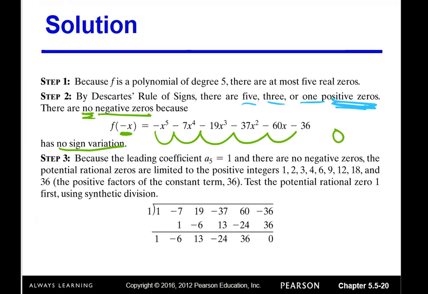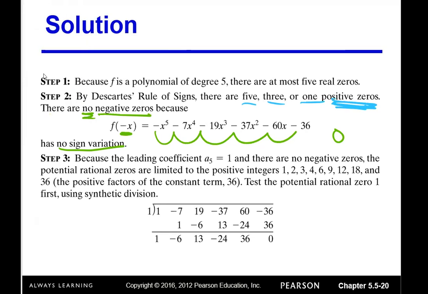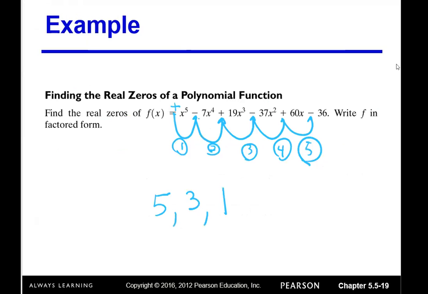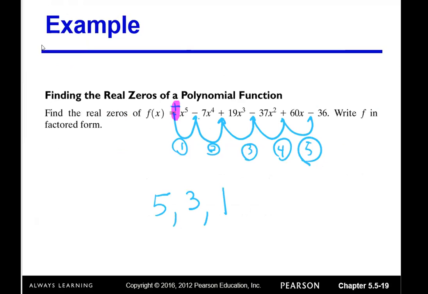And then they did the figuring out of the potential zeros. Let's see, I'm going to use green. You've got the +1 here and the 36 back here.